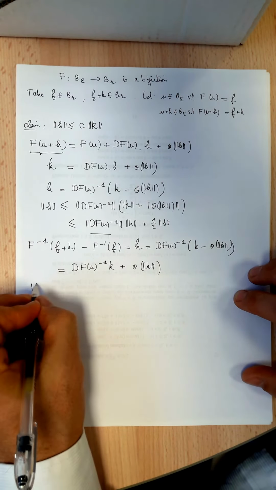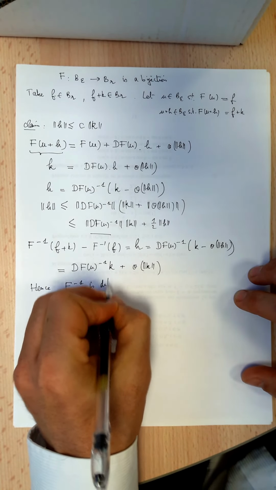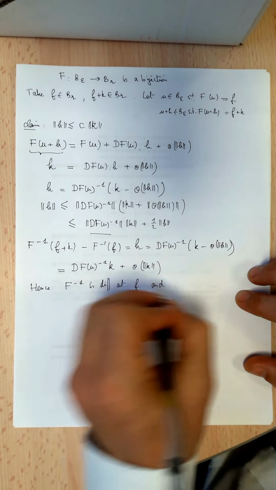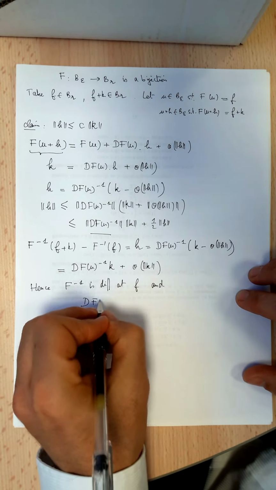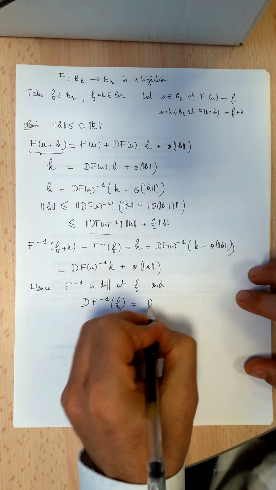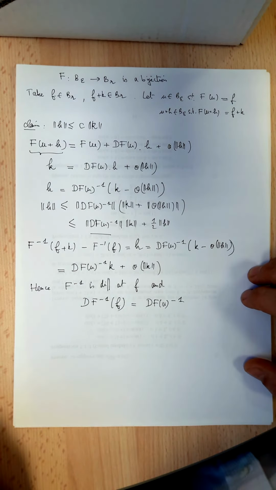So what we have proved is that f inverse is differentiable at y, and the differential of f inverse at y is equal to what? The differential of f at u, inverted.